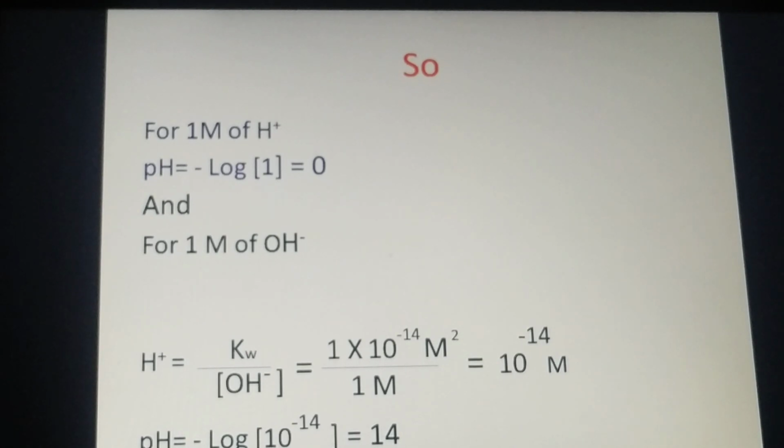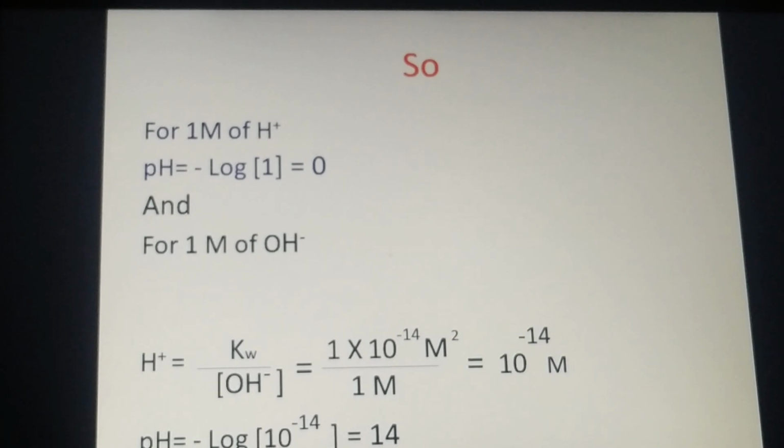H positive is equal to Kw, that is the ionic product, divided by OH negative. We know that the ionic product is equal to 10 raised to power minus 14 molar square divided by the OH negative concentration 1 molar, which is equal to 10 raised to power minus 14 molar. So pH is minus log of 10 raised to power minus 14, which is equal to 14.